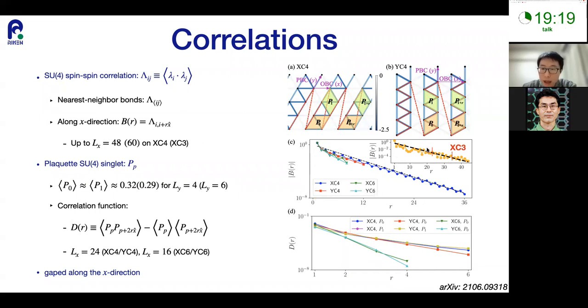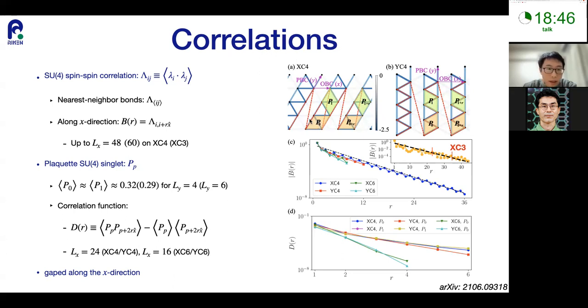And you can also see that the correlation length in the odd width cylinder is about twice larger than in the even width cylinder, and the oscillation period in the odd width cylinder is also larger than in the even width cylinder. We also consider the correlation between these plaquettes.